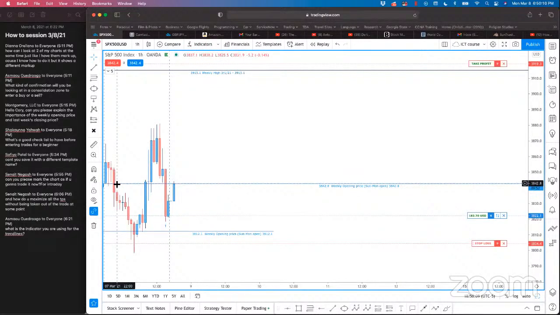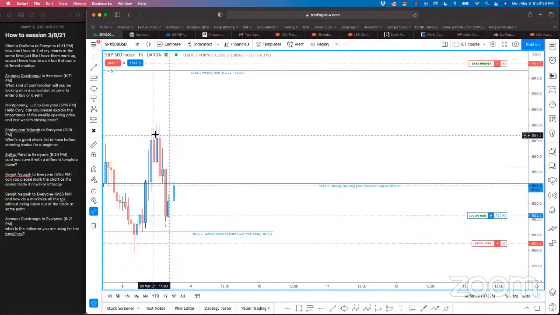And then where did it go to? Last week's opening price. Where did it hold? Last week's opening price, right? What did it trade? It rejected off of this area and went to, where do we get this big wick right here? This big wick came at this week's opening price, right?